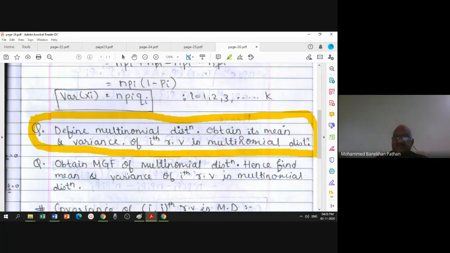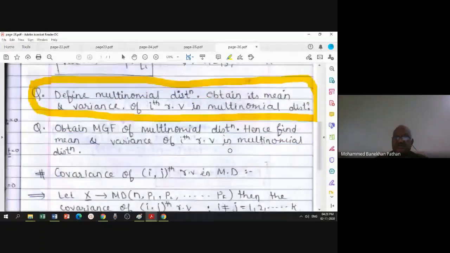In this case, you can use the MGF of multinomial directly. It is not necessary to find the MGF and then proceed ahead. But you have another question where you have to develop the MGF. And that question is, obtain the MGF of multinomial distribution. Hence, that means after having the MGF, find the mean and variance of the ith random variable. So these are the two questions that can be asked on today's topic.